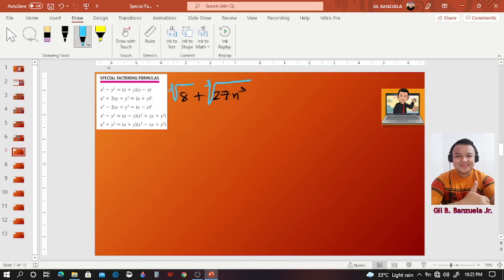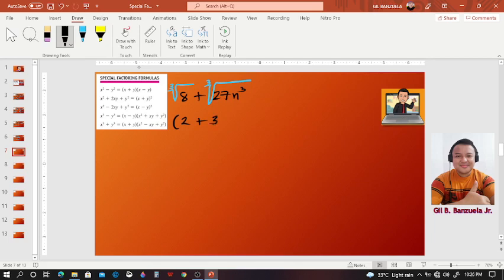Remember, this is just a special formula in factoring. So, hindi natin pwedeng ipilit ito sa iba, no? If it is not pwede, no? Okay. So, again, the cube root of 8 is 2. Alright? Because what times what times what equals 8. So, that's 2. Then, plus the cube root of 27. So, that is equal to 3.